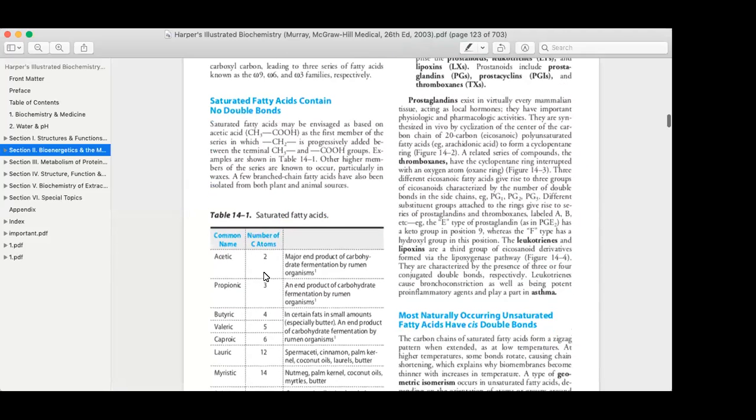These are various saturated fatty acids. HDL picks up cholesterol from peripheral tissues and transports cholesterol from peripheral tissue to the liver.